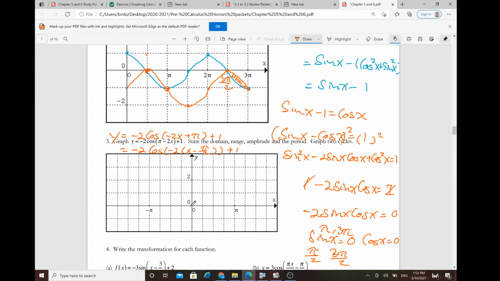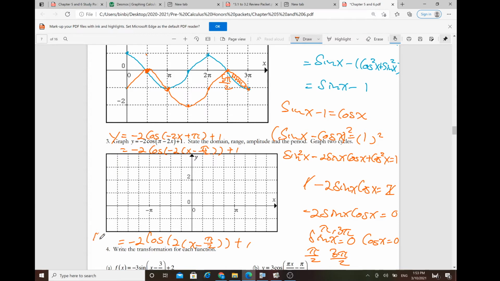So what we got here, it's -2. Again, cosine of negative theta is the same as cosine of theta. So it's cosine of 2 times x minus pi over 2 and then plus 1. So the value of a is 2, but it's reflected over the x-axis.